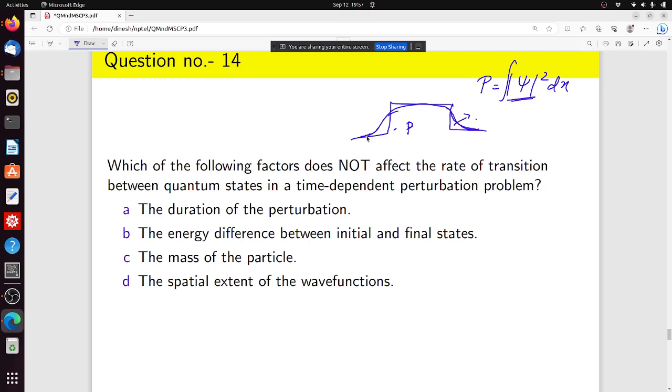If it is spread more, then there is an overlap of states. You can visualize it like that. If this is the first state and this is the second state, then there is a non-zero probability of finding this particle in the second state also.